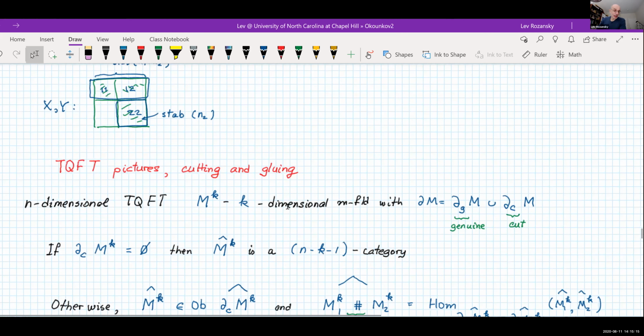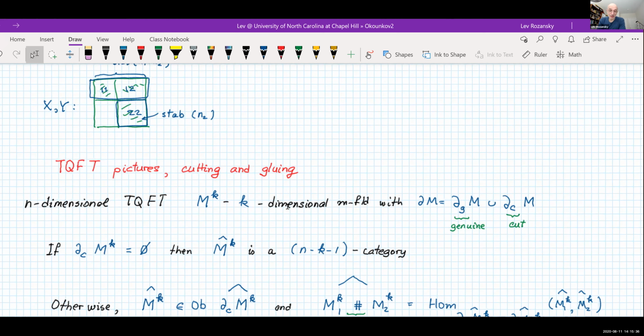So the story is that if you have an n-dimensional topological quantum field theory, then there is a big story related to Lurie, which I do not know. So I'm telling you a very pedestrian story, which I learned from David Nadler over lunch.